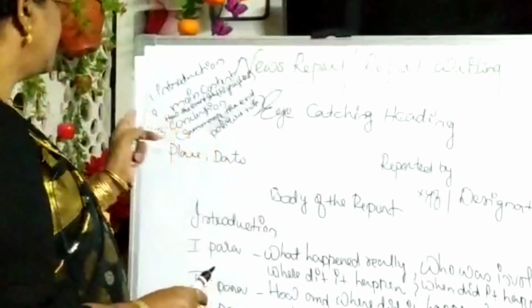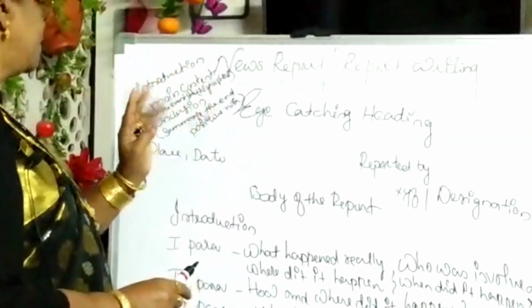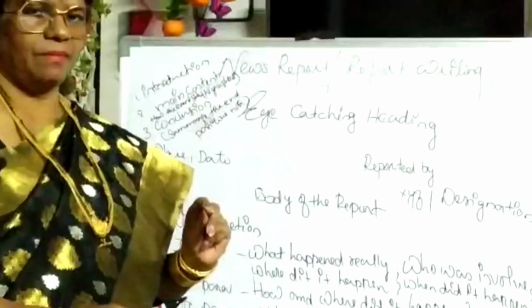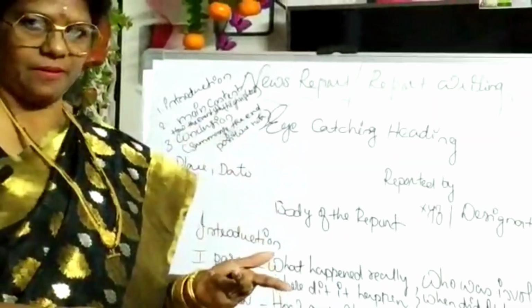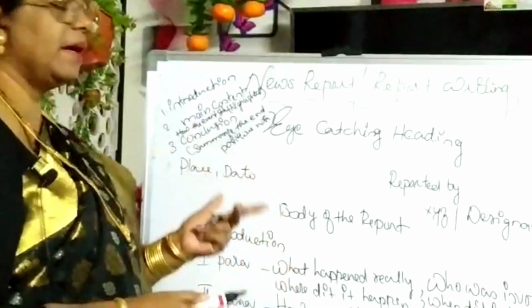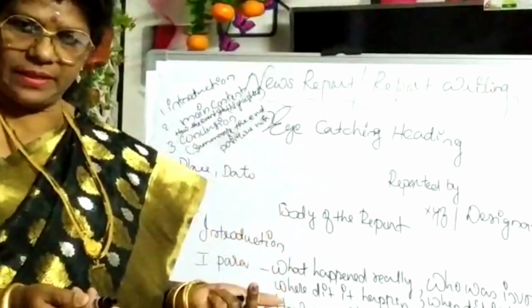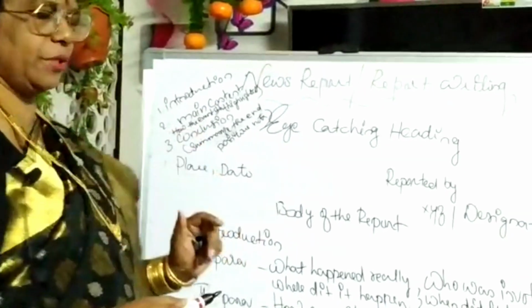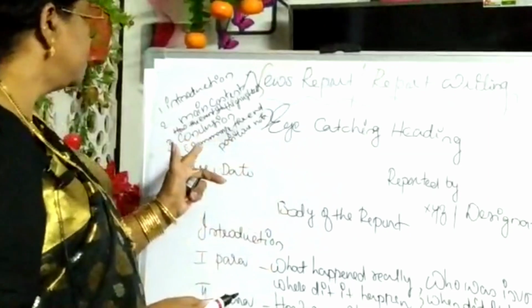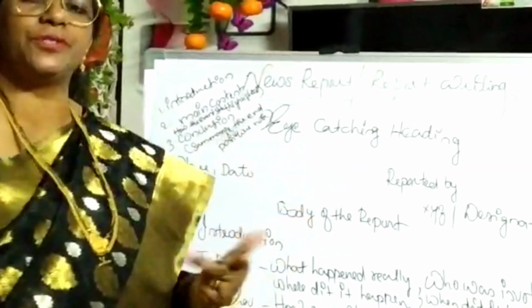Then after the introduction, the main content. In the main content, what we have to use? How the event started and what was the highlight of that. Then after that, the conclusion. In the conclusion, what will we do? Summarize the event with a positive note.